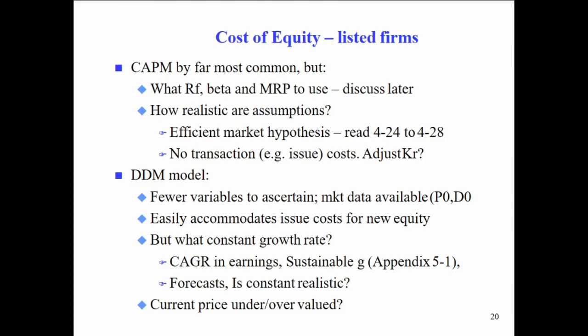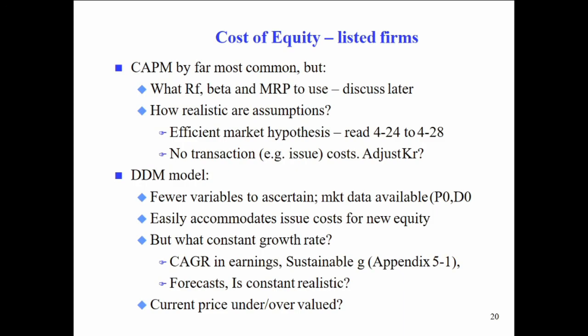So if we want to determine the cost of equity for a listed firm, we said that the capital asset pricing model is the most commonly used method. But if we look at what makes up the capital asset pricing model, being the risk-free rate, the beta, and the market risk premium, there are certain factors that we need to take into account, as there can be difficulties determining these inputs into the formula.